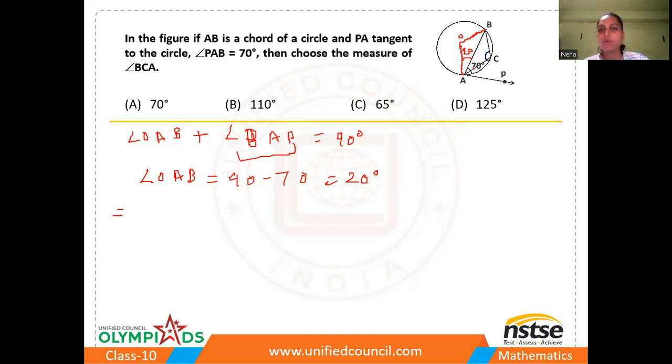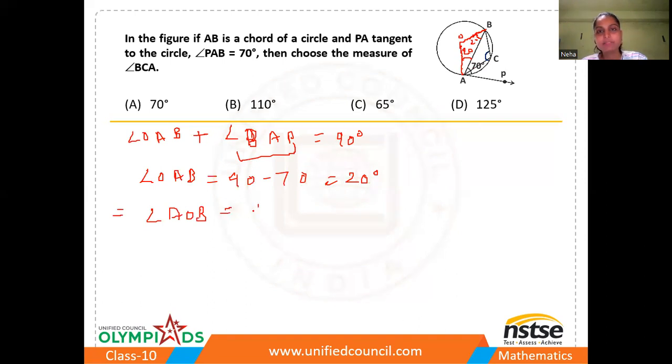So in OAB, as we can see, my dear students, if this angle is 20 degree, this angle is also 20 degree, because if the sides are equal, the opposite angles will be equal. OA is the radius, OB is the radius, both sides are equal, so the opposite angles should always be equal. So what about angle AOB?